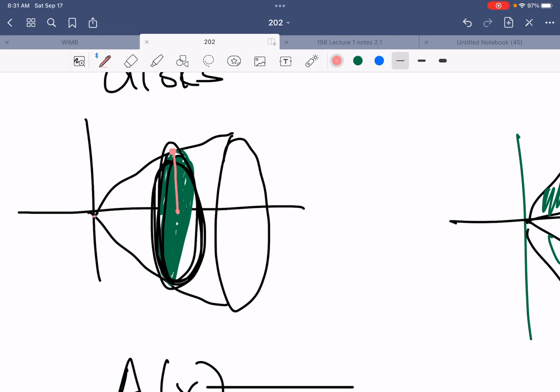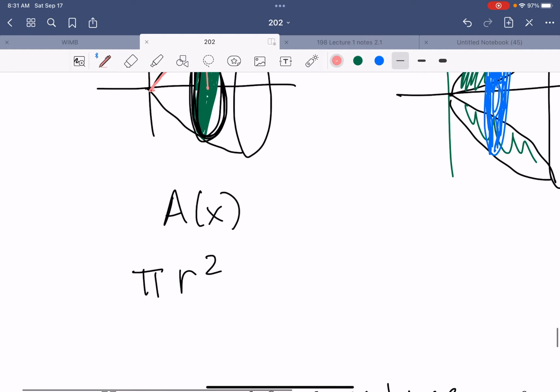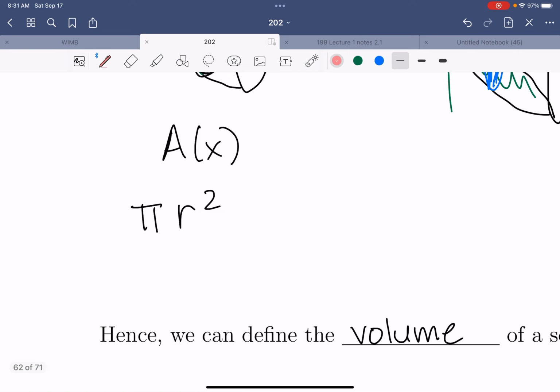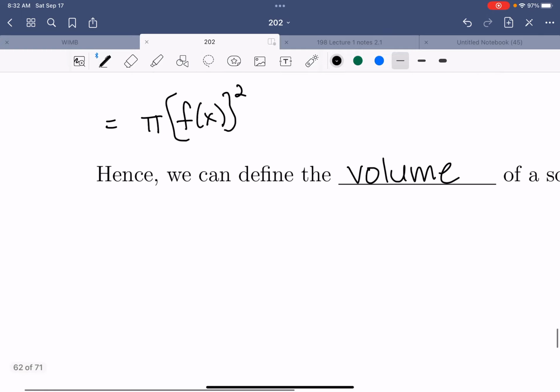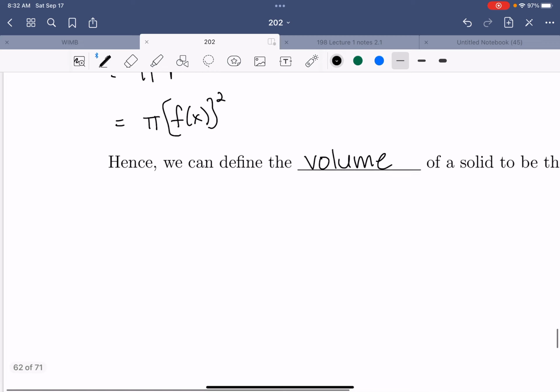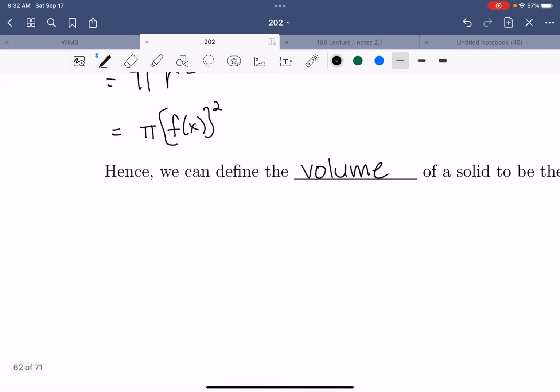And that's actually on my curve. So the radius of my cross-sectional circle is actually the function. So what we end up with here is that our cross-sectional area is pi r squared, but it's actually pi times the function squared. Okay. So that when we go to find the volume, we're going to take that times an infinitesimally small thickness, dx, and integrate it over the boundaries, okay?